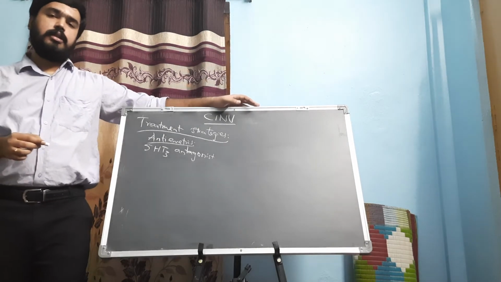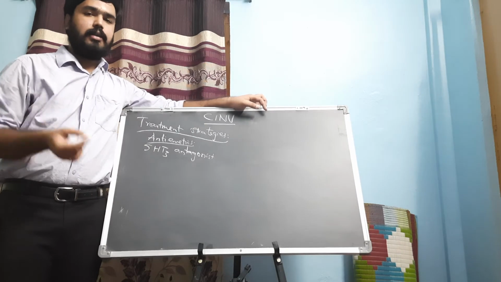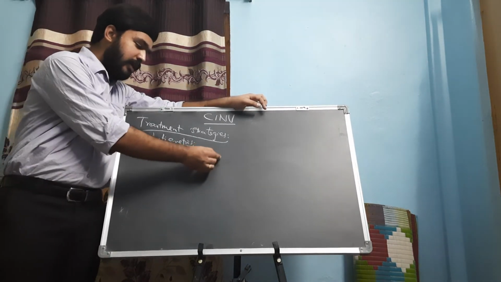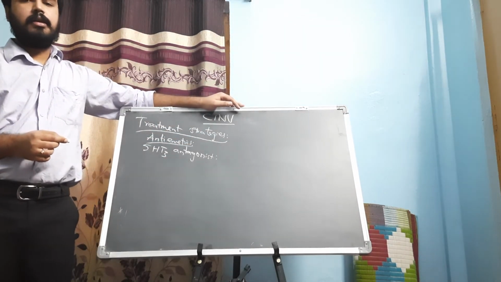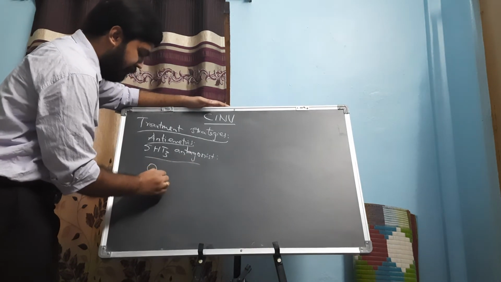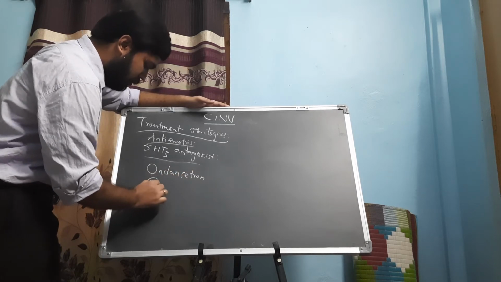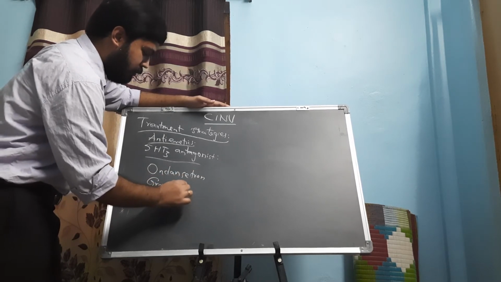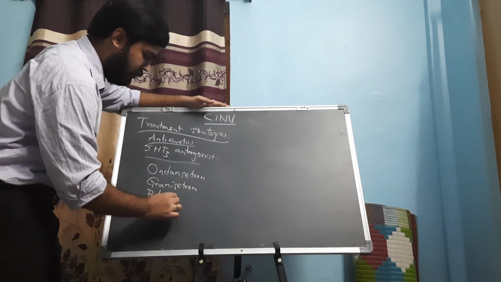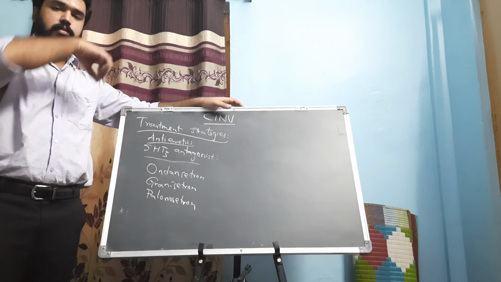5-hydroxytryptamine receptor antagonist, or 5-HT3 receptor antagonist is the short form. So under the 5-HT3 receptor antagonists, the agents which are highly effective include ondansetron, granisetron, palonosetron, dolasetron is also one more agent.